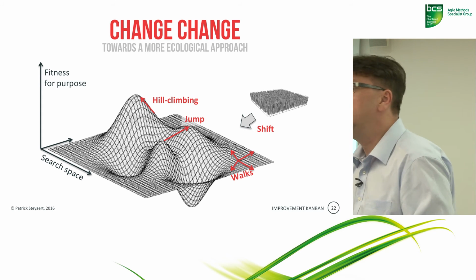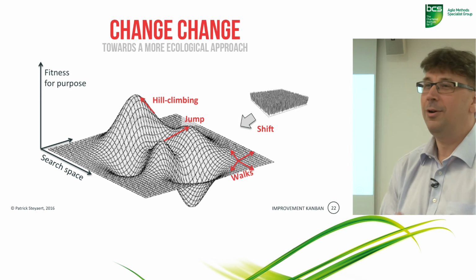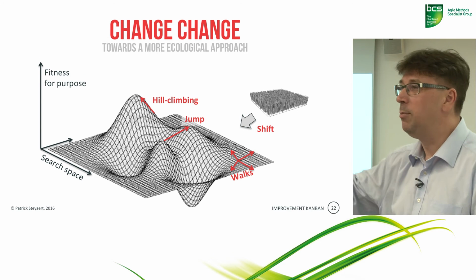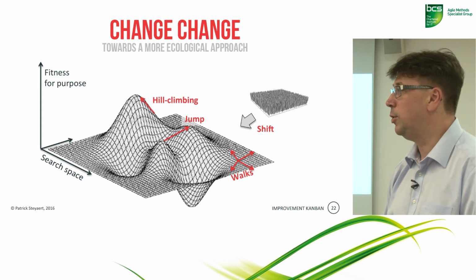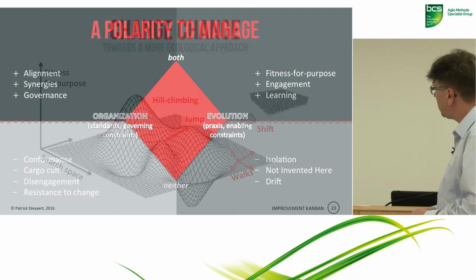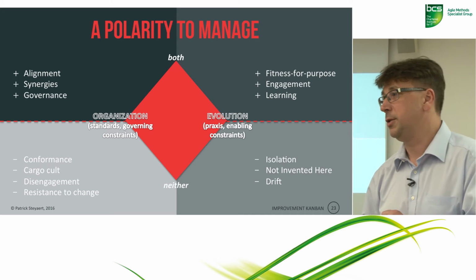So we need to look at it more from that perspective, more like a gardener or a creator of an ecology, rather than just one person with one tool saying we're going to do one type of change only.